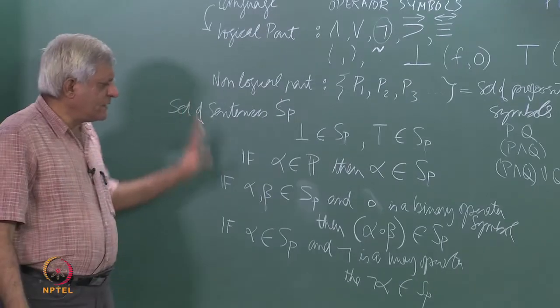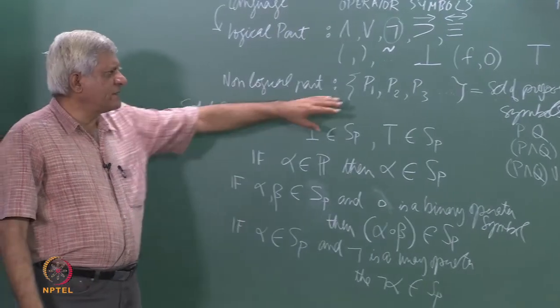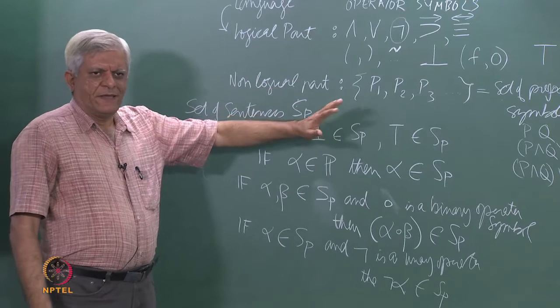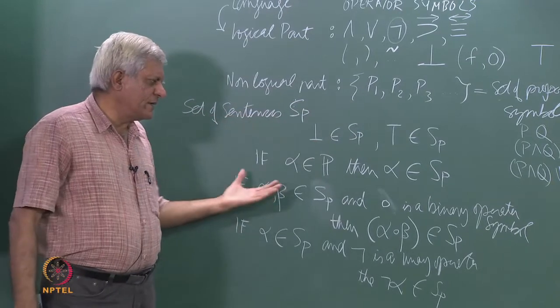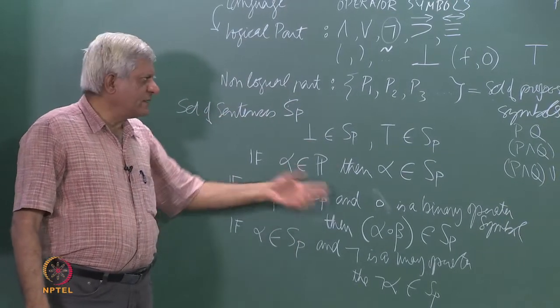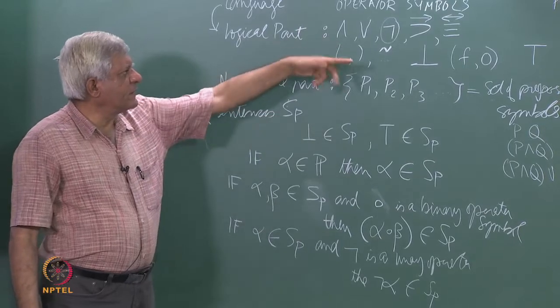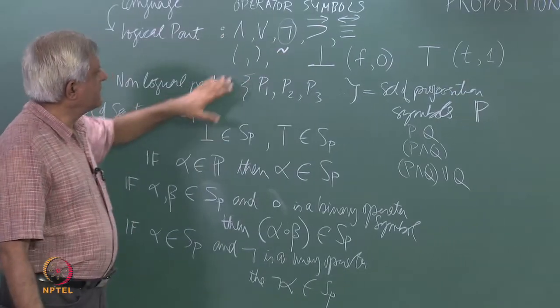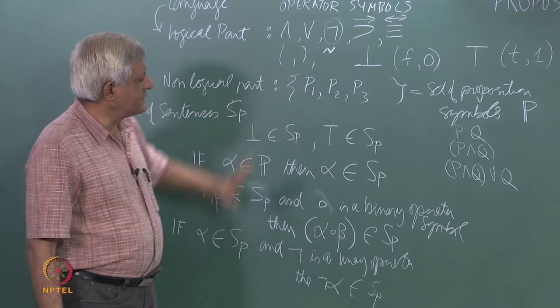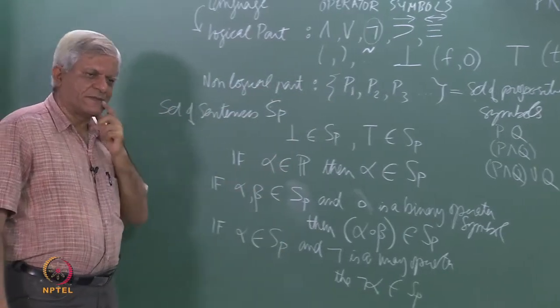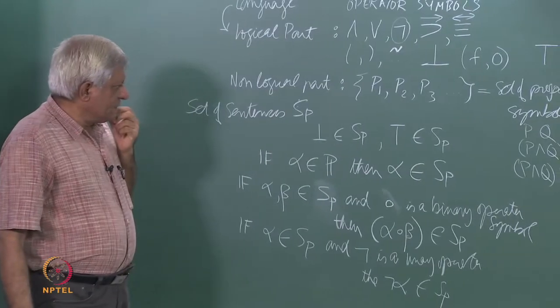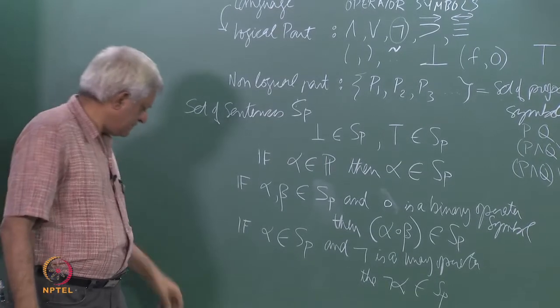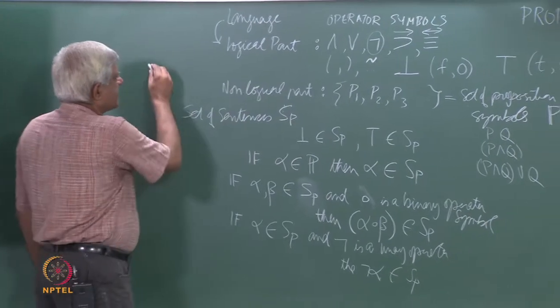So essentially now we have defined, we started with a set of propositional symbols, and we have augmented this with more sentences, and the sentences are using the operators, or the connectives essentially, and the bracket symbols. So, we can get an infinite set of sentences. So, this is the syntax.